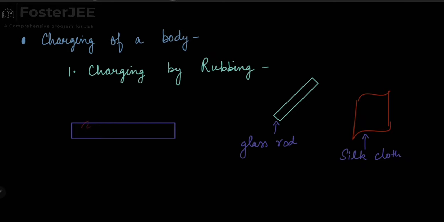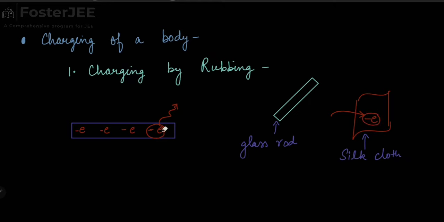Now see what happens. Suppose this is our rod. It will have some atoms, and the atoms will have some electrons. Now when we rub the glass rod on the cloth, due to friction, some electrons absorb some amount of energy and get ejected out and get transferred to the cloth.